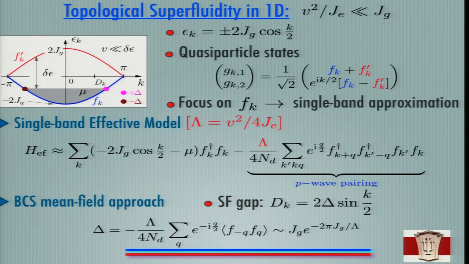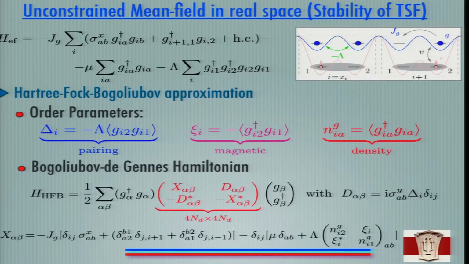Indeed, you can do more. You can do some sort of unconstrained mean fields just to see the stability. Either you put it in the computer and solve everything, or you do the best you can with a trivial mean field, but unconstrained, because I want to see the stability of the phases. I want to see if these phases are very unstable or not. And indeed, it is not.